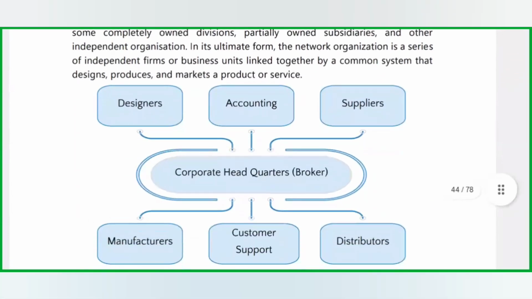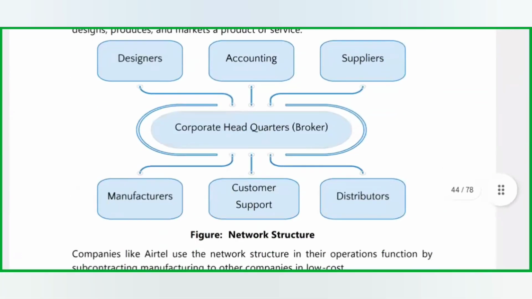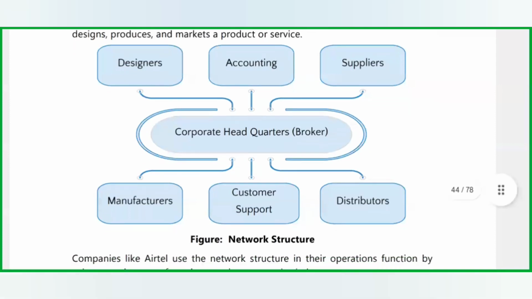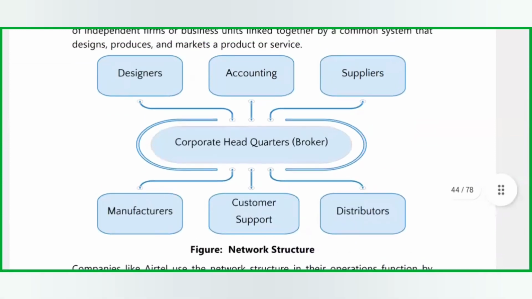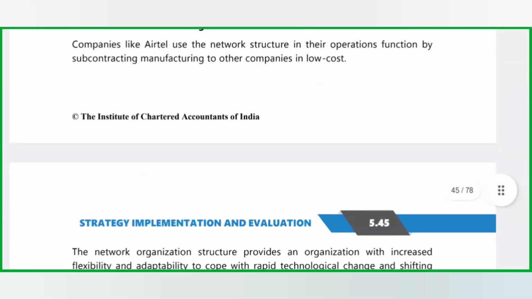This is an example of a network structure where we have corporate headquarters, that is the broker. It is connected with designer, accounting, suppliers, distributor, customer support, and manufacturers. Is the network structure clear to you? Companies like Airtel, Jio, Vodafone have this network structure.